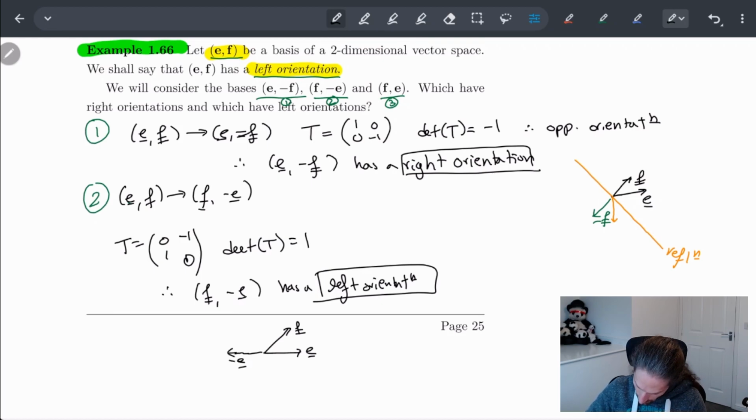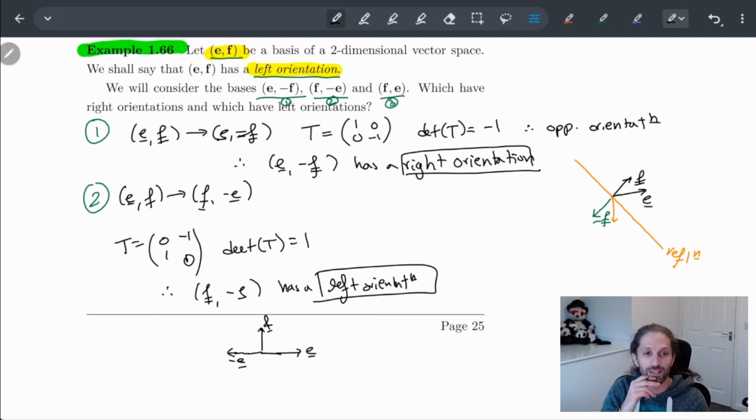I guess this one's a little harder to see, but it's supposed to be a rotation. Here, we'll keep this as is, because it makes more sense in this case. Okay, so what we have is actually a rotation.